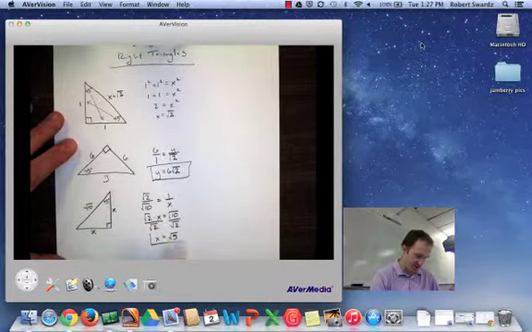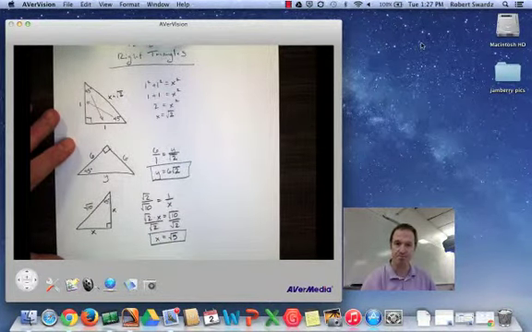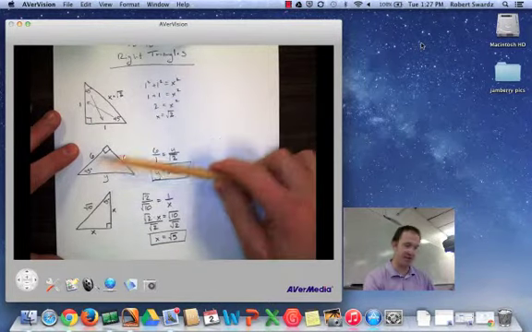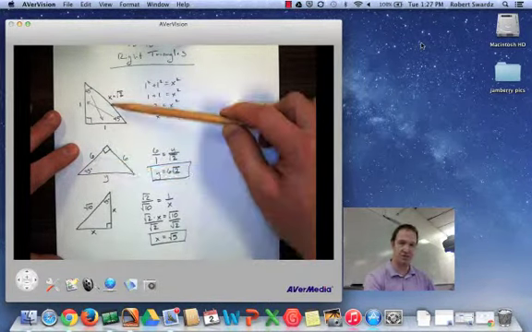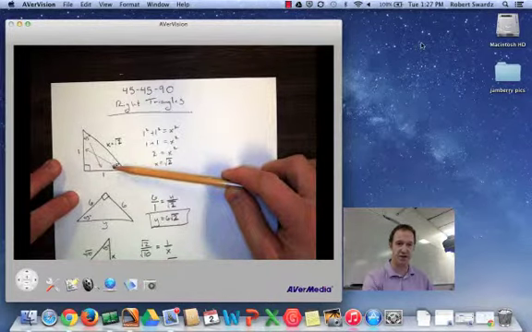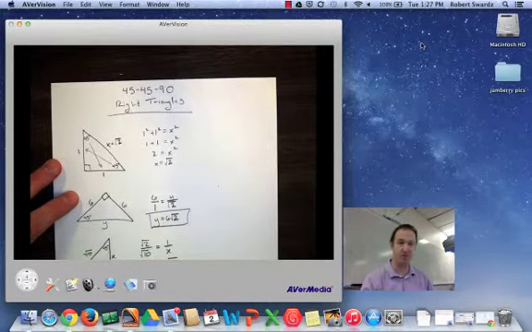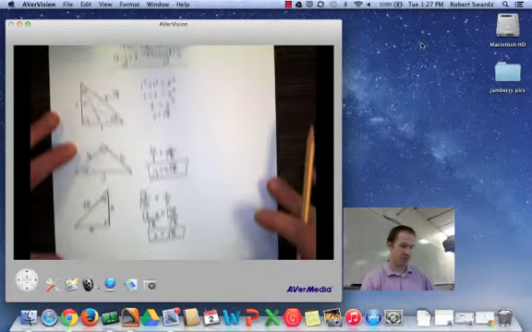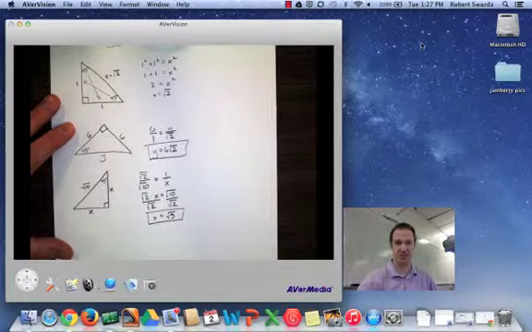And there we go. So all you really have to do is understand that 45-45-90s are always similar to this triangle. So you can set up a proportion to find any missing sides that you want. Hopefully that helps. If not, get some help in class. See ya, bye.